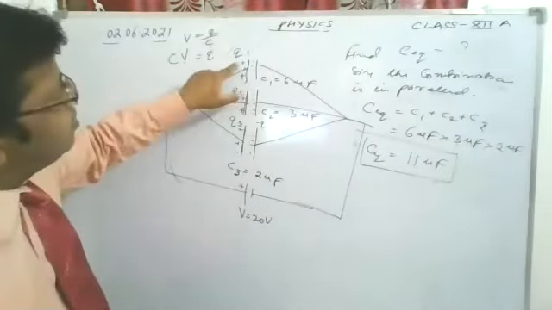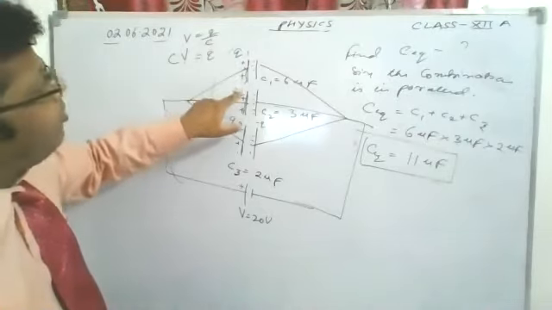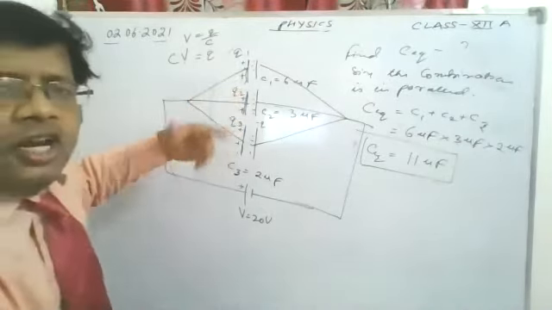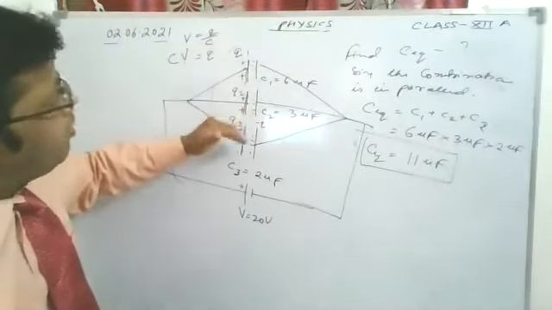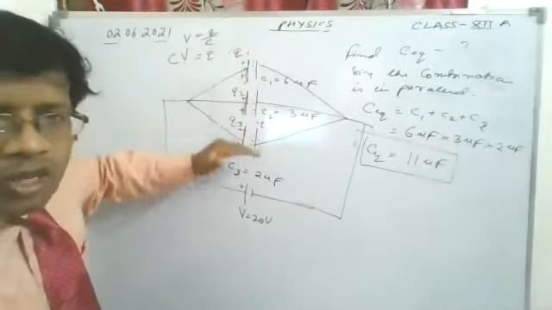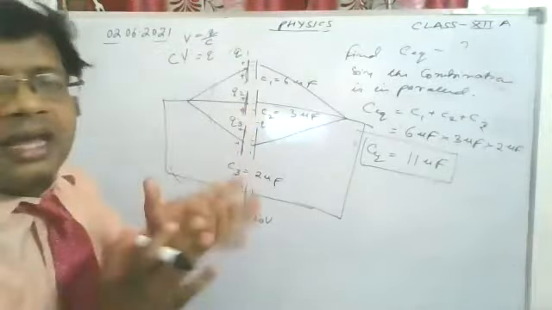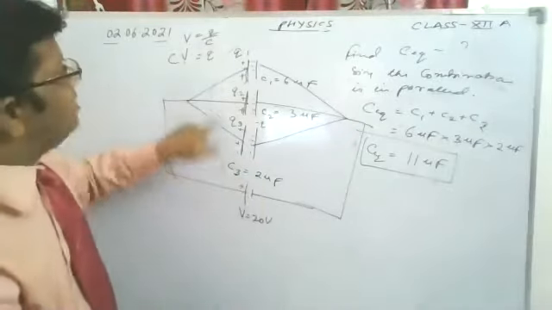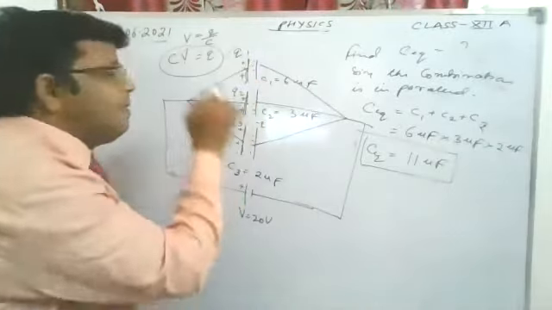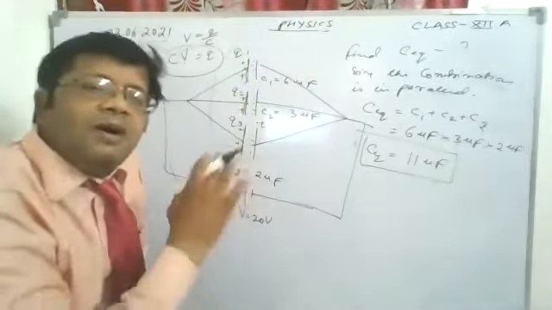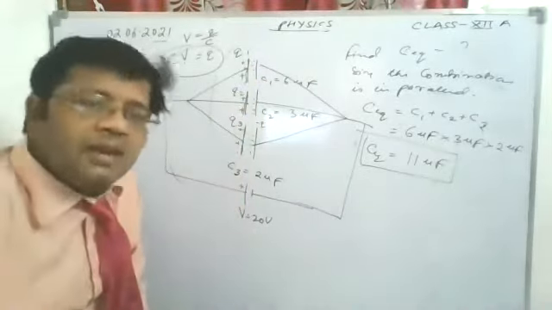If their capacitances are the same, 2 microfarad, 2 microfarad, 2 microfarad, or 6, or 100 microfarad, that is, if all the capacitors have the same capacitance and the same voltage, then only the charge deposited over the positive plate would be the same.